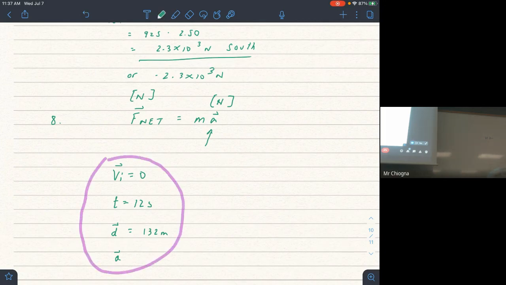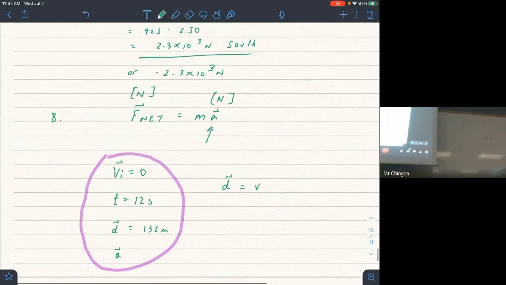Find the equation that contains all 4, which is this one. Okay, where this first term on the right is 0.